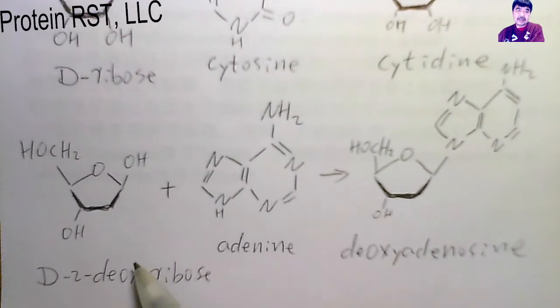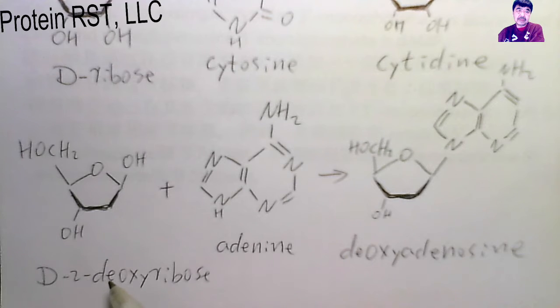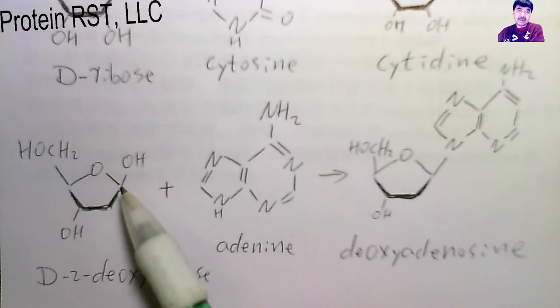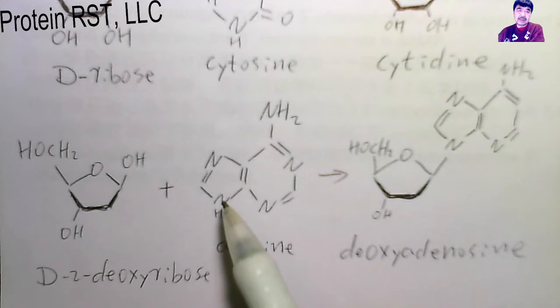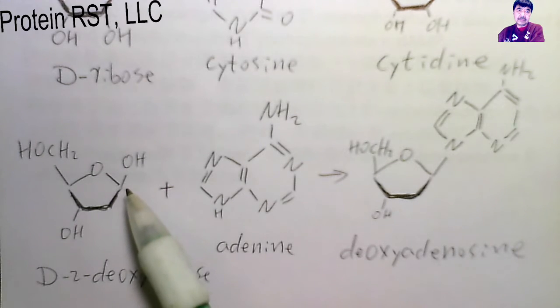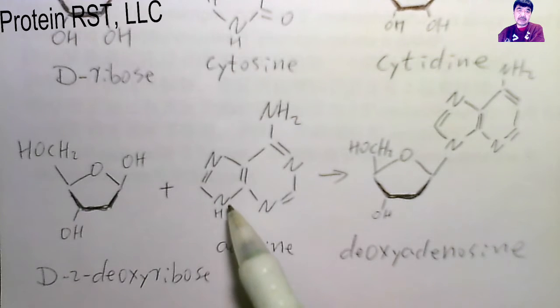Next, you can see this 2-deoxyribose. You don't see a hydroxy group at the C2 position. This anomeric carbon is also called the C1 carbon of the sugar. This is the N9 position, nitrogen 9. They form the new bond between this C1 on the sugar and N9 on the base.